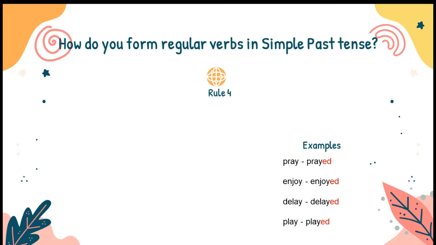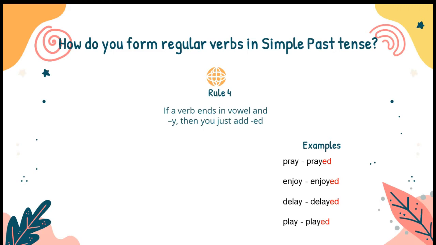Yeah, good job. The vowel is A, I, U, E, O. So, yes, of course, the rule is if a verb ends in a vowel and Y, then you just add ed. Prayed, enjoyed, delayed, and played.